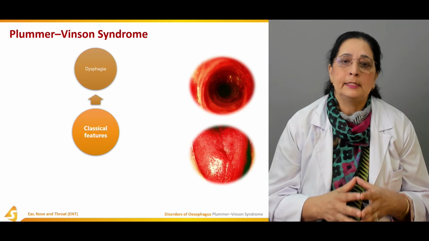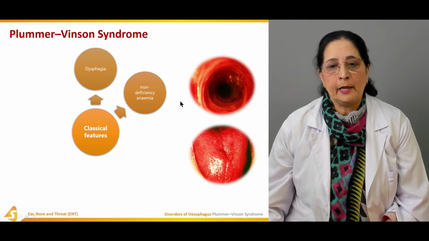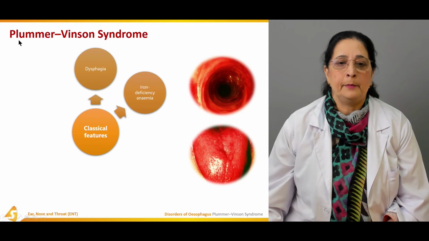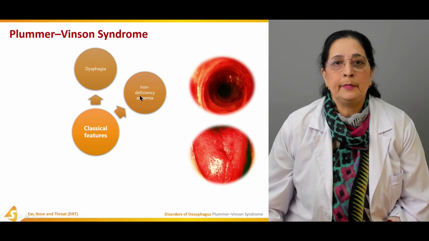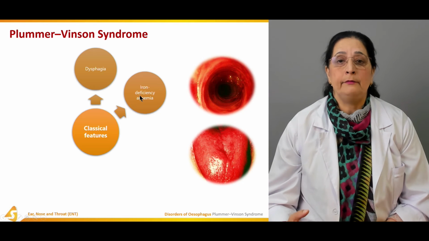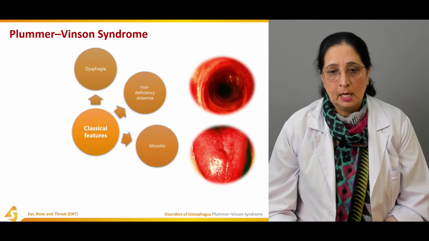Then iron deficiency anemia is present in Plummer-Vinson syndrome, or iron deficiency anemia can lead to Plummer-Vinson syndrome. That's another very, very important classical feature of this condition.